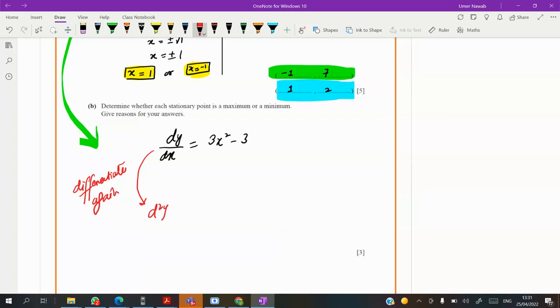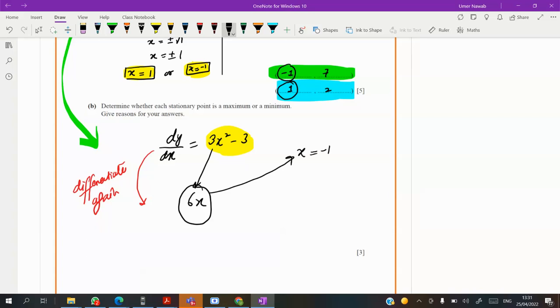Some people write d square y over dx square, but the symbol is not very important. If you take the second derivative of 3x squared minus 3, it is 6x. So this is your second derivative. Once you get the second derivative, you need to plug in the x coordinates you have. The x coordinate is minus 1 and also your x coordinate is 1.